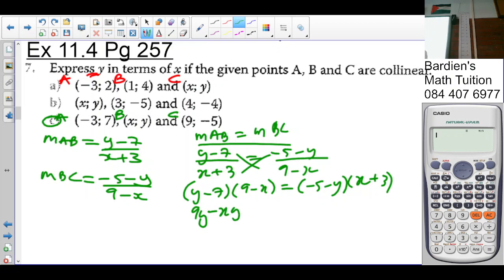minus xy minus 63 plus 7x. Okay, it's equal to negative 5x minus 15 minus xy minus 3y. But what's going to happen now is that minus xy would cancel with minus xy.